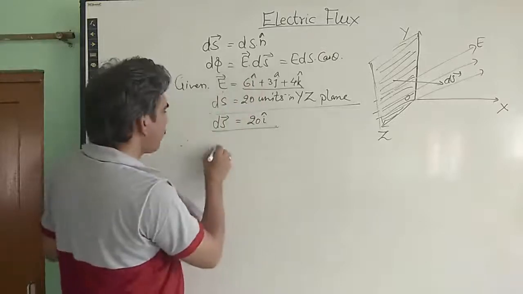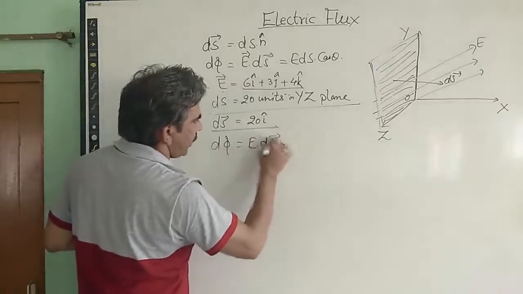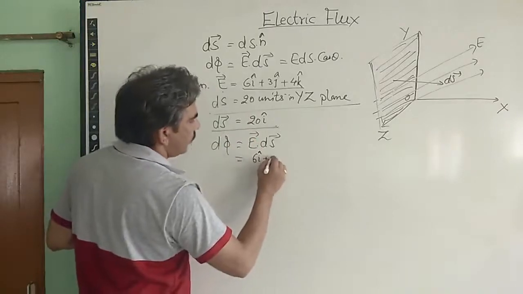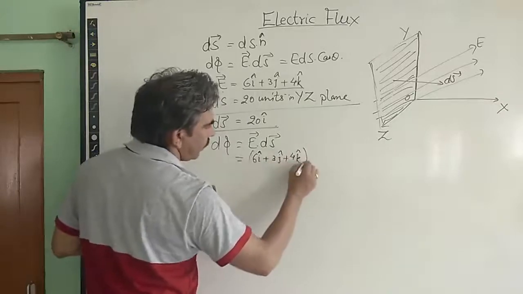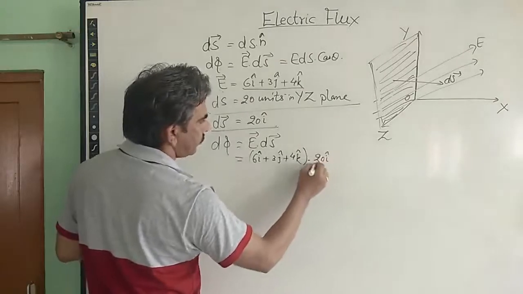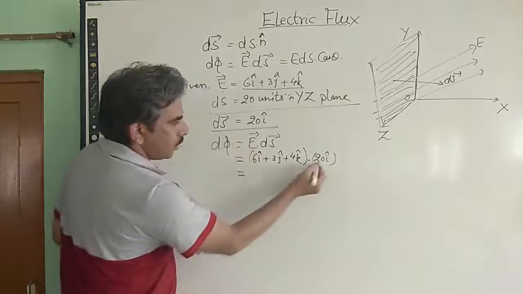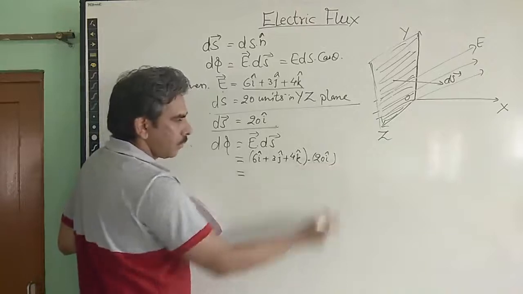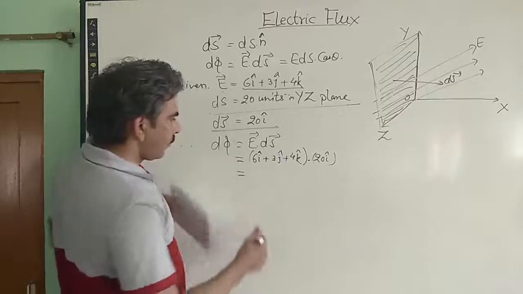Therefore d phi simply means E dot ds. So E, which is 6 i cap plus 3 j cap plus 4 k cap, dot ds, which is 20 i cap. We find the dot product of these two vector quantities. So i gives a value only with i.